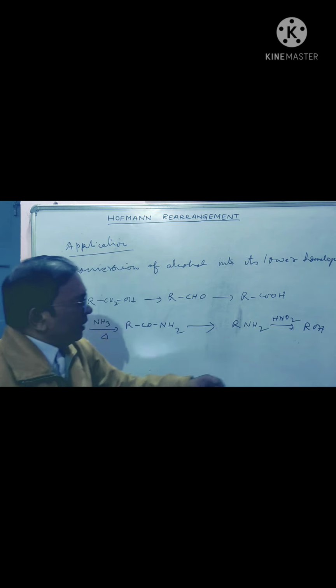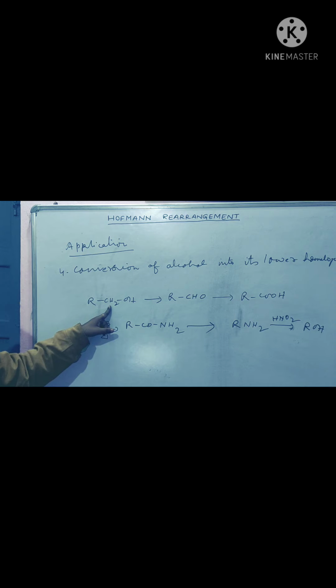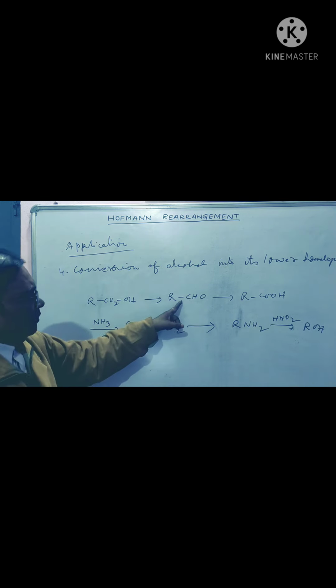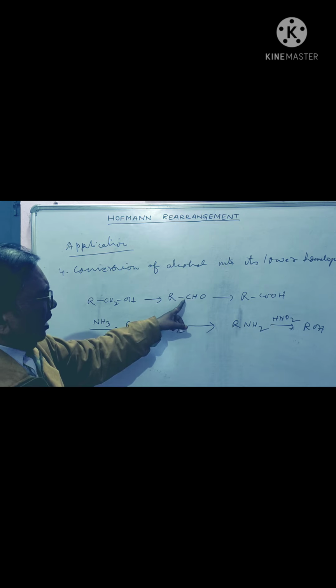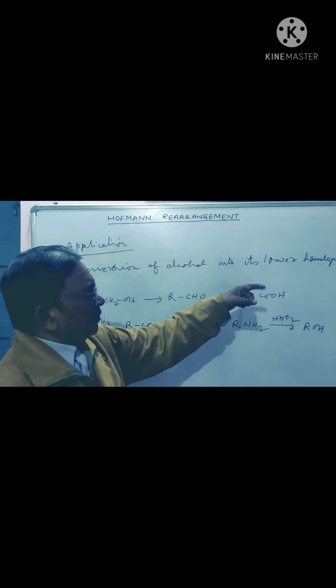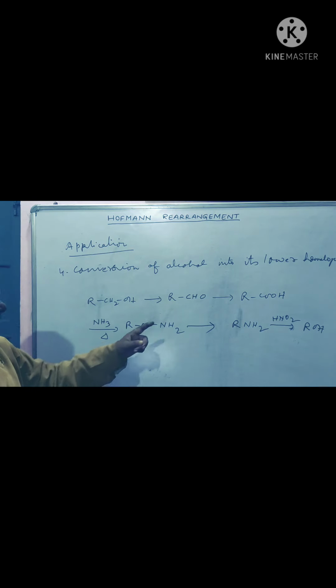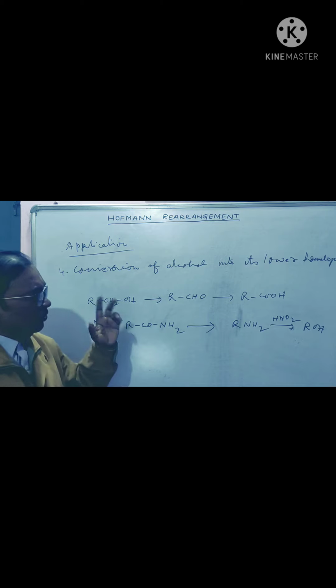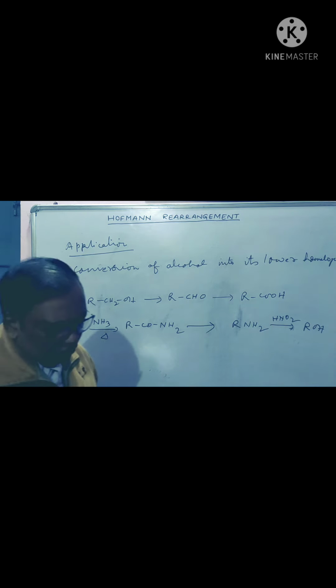This alcohol contains one carbon atom less than this. In a similar fashion, you can convert aldehyde into its lower homologue. In a similar fashion, you can convert carboxylic acid into its lower homologue.